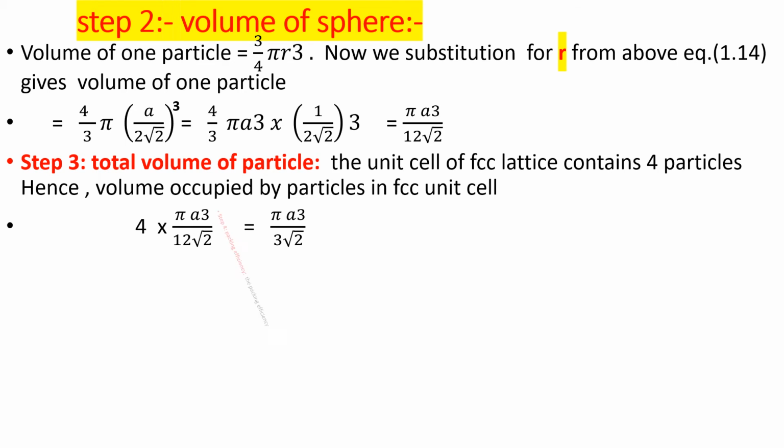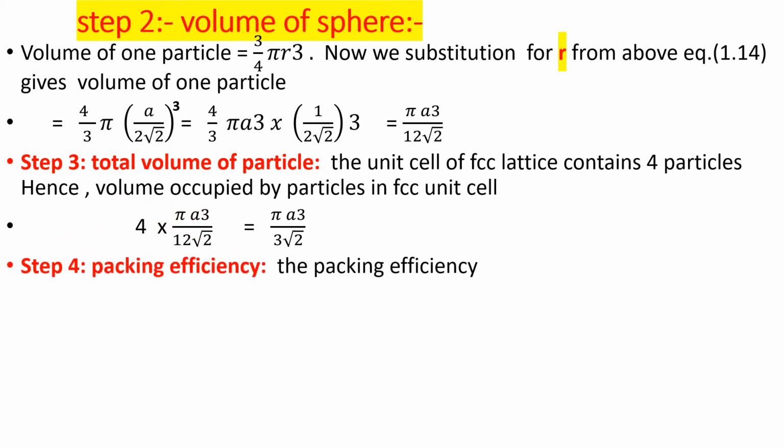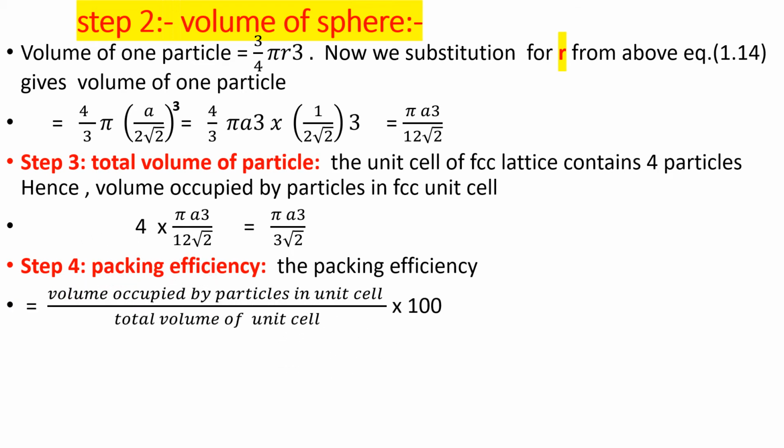Next, what is step 4? Packing efficiency. The packing efficiency in FCC is equal to the volume occupied by particles in the unit cell to the total volume of the unit cell multiplied by 100.